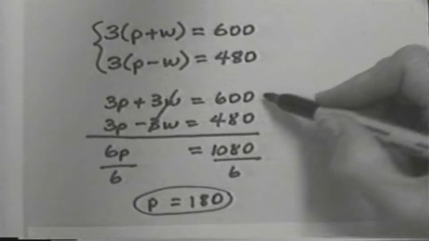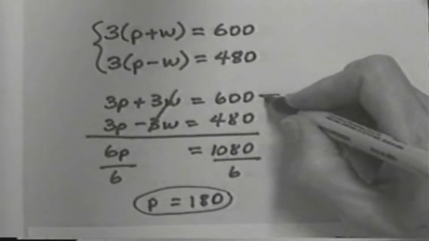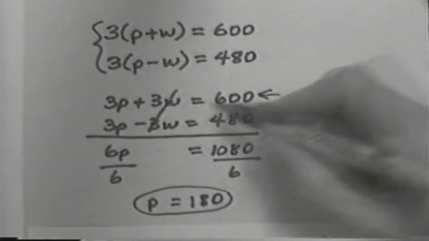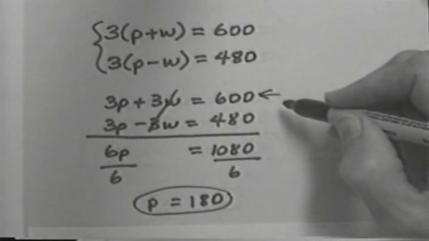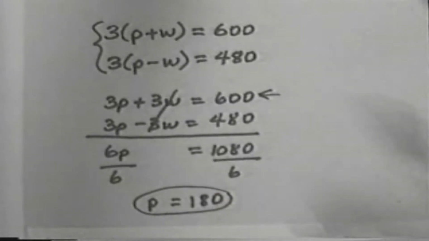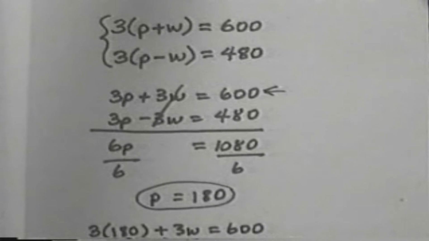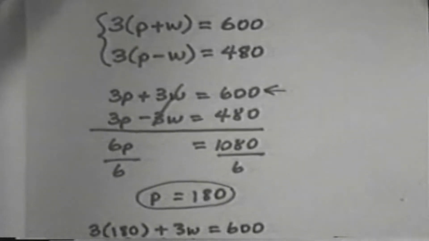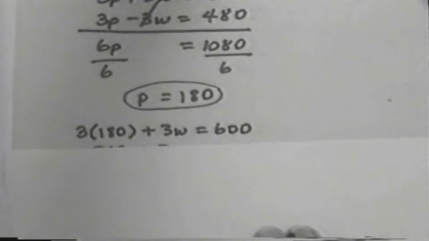I'm going to go back to the equation here, where the left-hand side has been simplified out already, and fill in p for 180. And that gives 3 times 180 plus 3w equals 600.